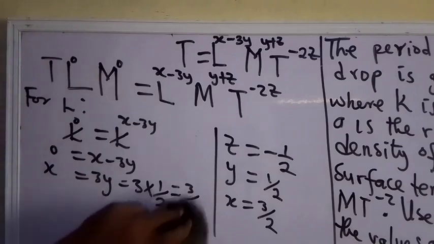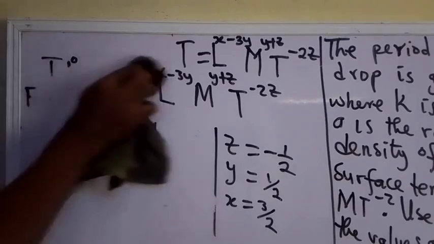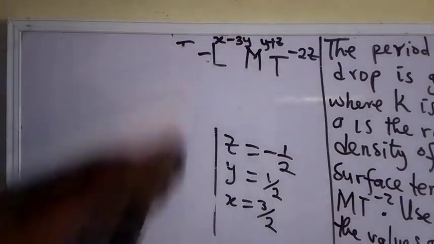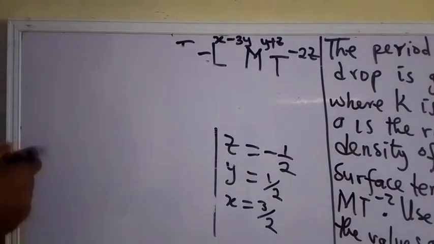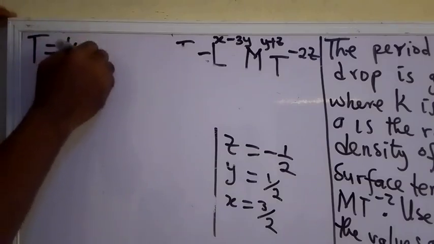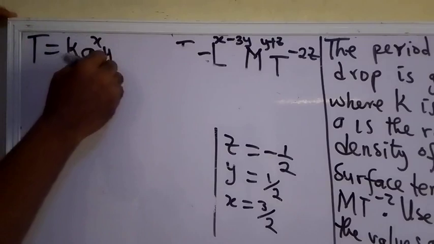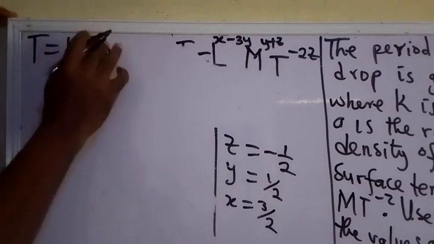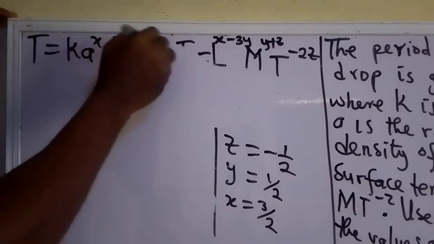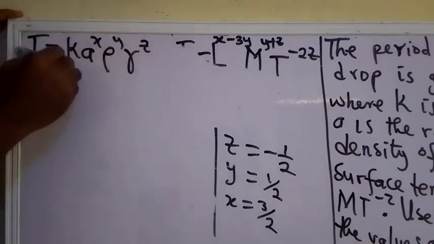But there's something else I just want to show us, guys, okay? You can actually from here rewrite the true expression as given. T equal to k a raised to power x, rho raised to power y, and tau raised to power z. So this is k.